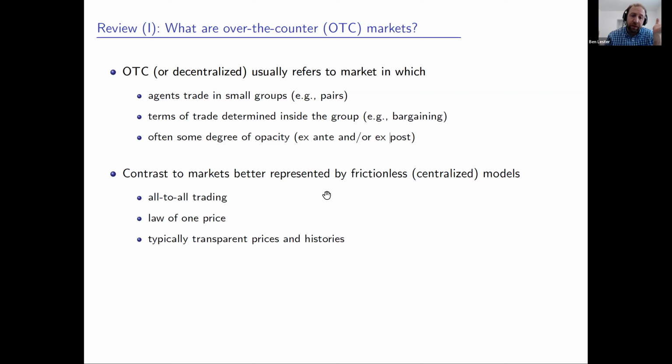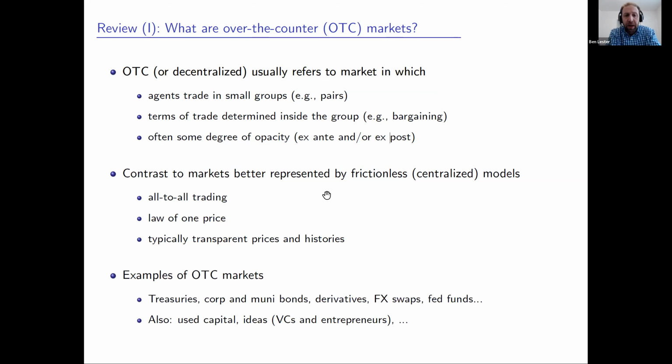So these are two different types of market structures, and this particular literature is more interested in markets that feature some of the properties described in the first three bullet points. So what kind of markets fit into this description that we've called OTC markets?